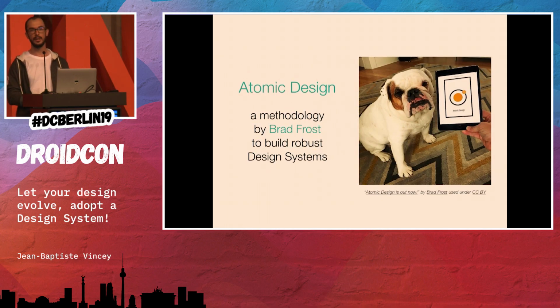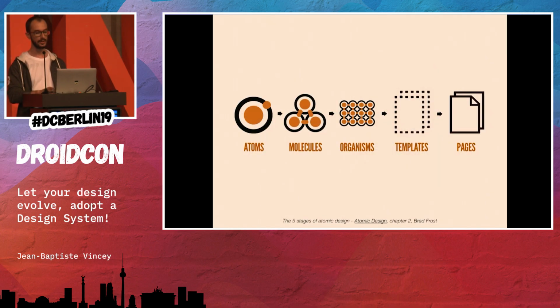At Deezer, we got inspiration from Brad Frost, who wrote a methodology that he called atomic design to build a robust design system. Brad Frost got inspiration from chemistry, more specifically the science of matter, to propose a hierarchical organization to divide the UI components. So let's dive into it.